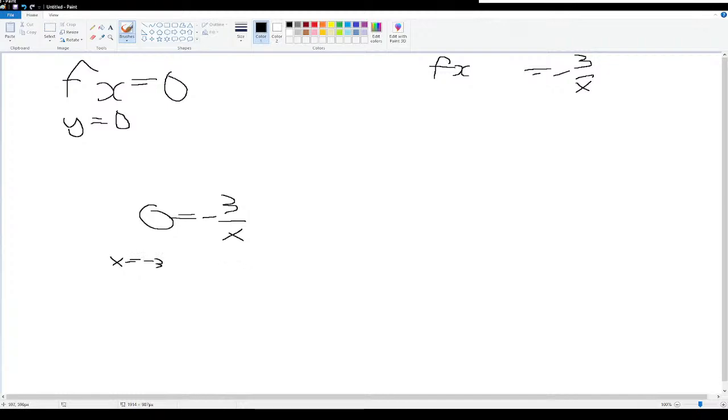Something isn't making sense. The thing itself says that the value of the x asymptote is equal to 0. Okay, if the q is equal to 0, then the y asymptote is equal to 0.